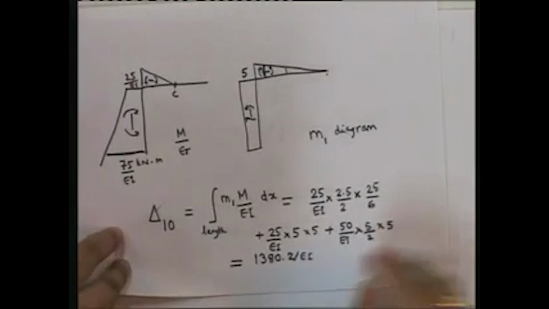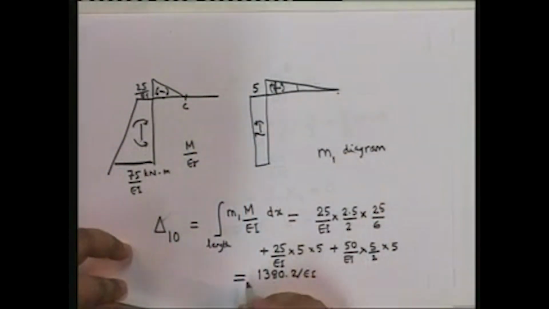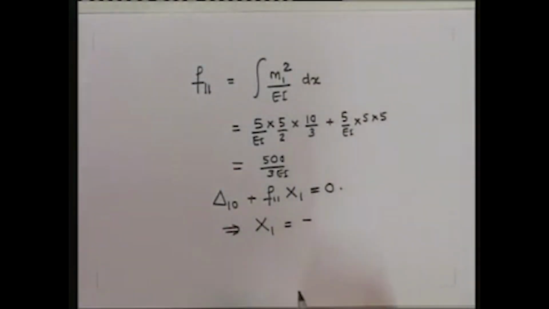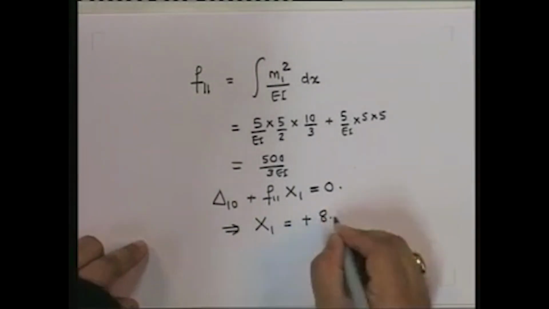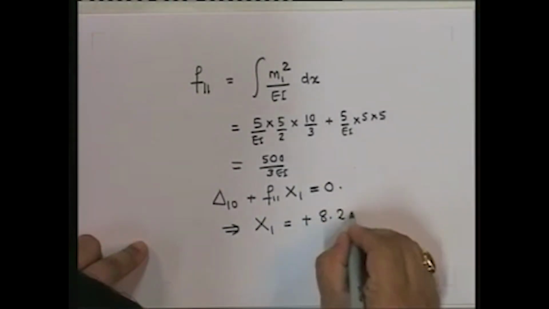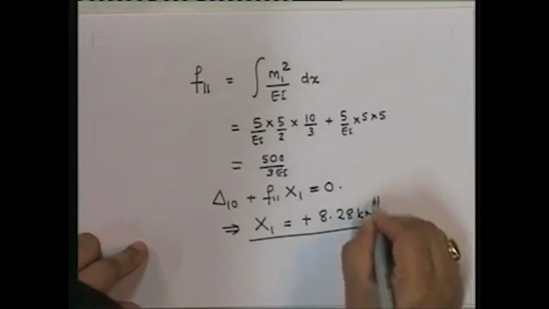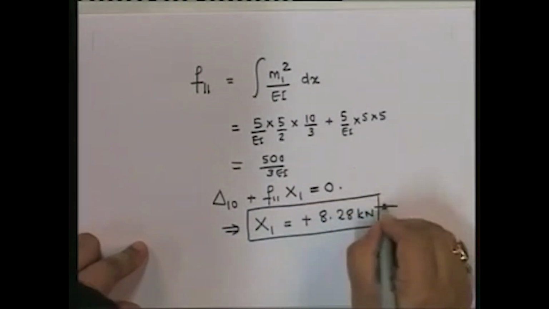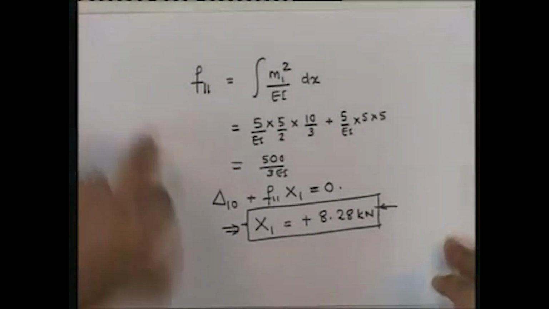I just wanted to make a point here that since this and these are opposite, the delta 1, 0 turns out to be negative 1382. So here x1 equals 8.283 kilonewton. So I have got the value of the reaction at the support D that we have.